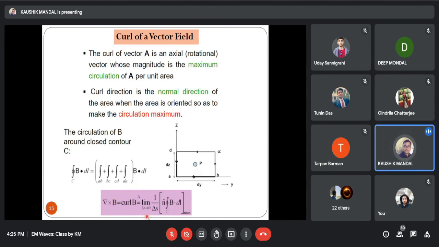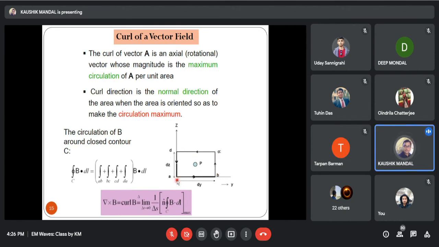So curl B means we are considering the rotational vector, the circulation of a vector around the closed contour, which can be represented by the line integral of the corresponding vector around a closed path. For example, A to B, from B to C, C to D, and D to A. The path must be closed.